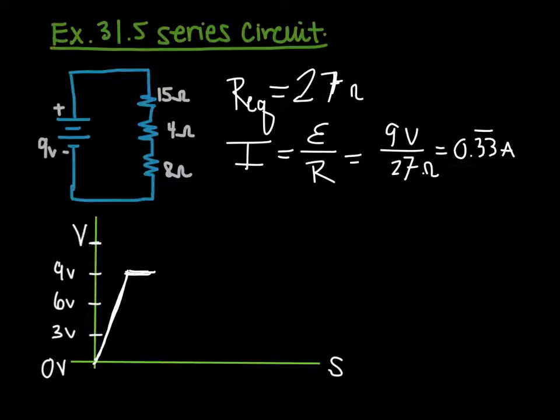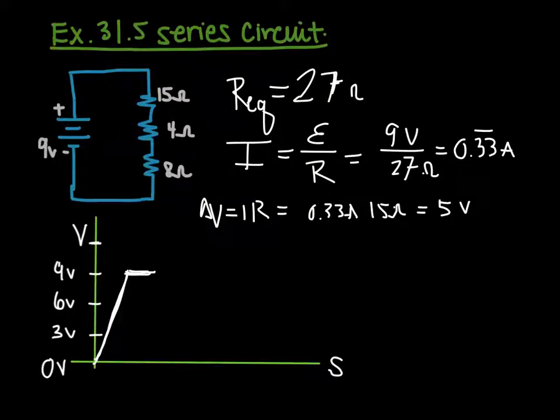So in the 15 ohm resistor, we have the change in potential equal to I times R, specific to the 15 ohm resistor in this case. We have the current, which is 0.33 amps, and the resistance of 15 ohms, so we really have 1/3 of 15, which you know is 5 volts.